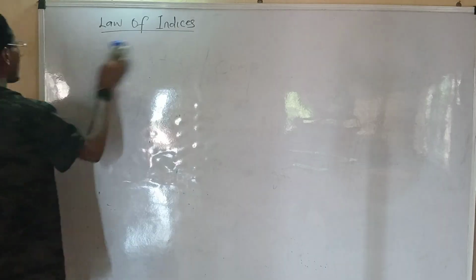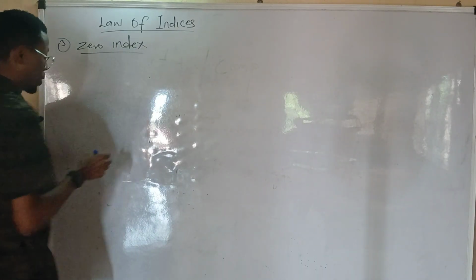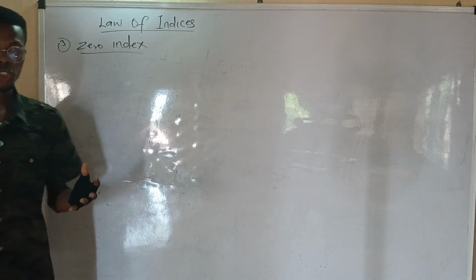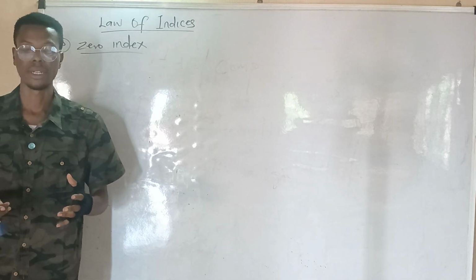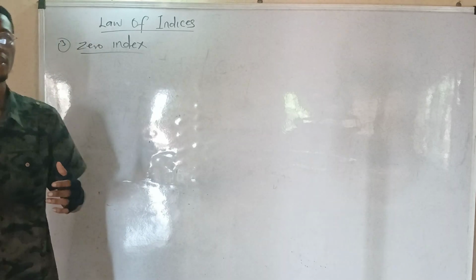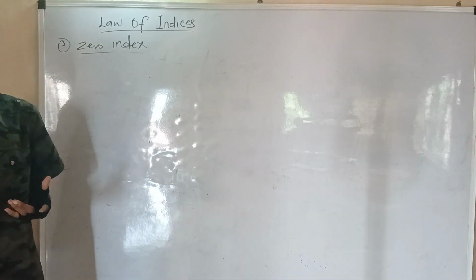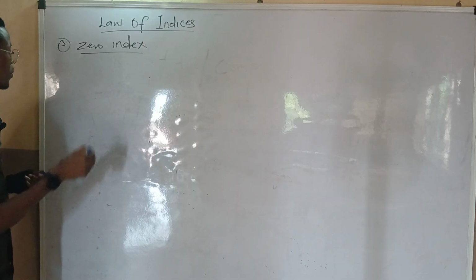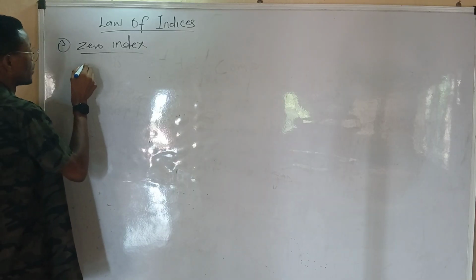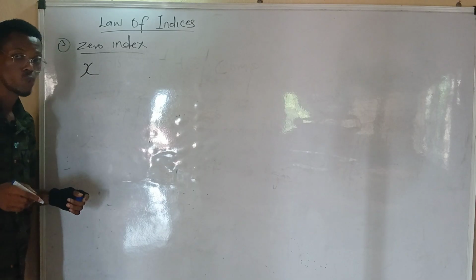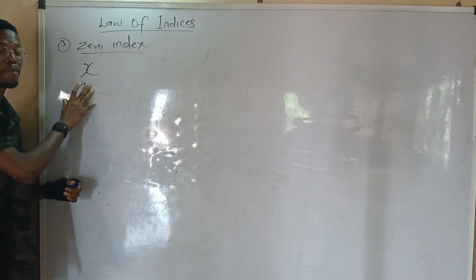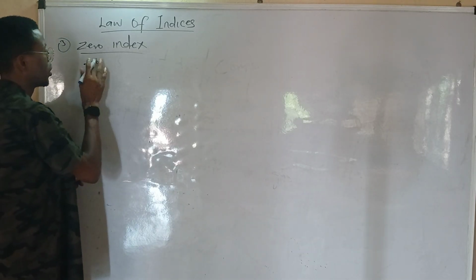Zero index law. In this law, the power being zero, that is, if we have our x, as we usually use x as our base here, we have x raised to the power of 0.